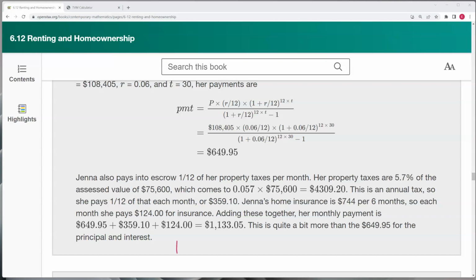So the total that Jenna is going to pay to the mortgage company is going to be $1,133.31 using the correct numbers. 31 cents, sorry. Because again, this should have been $450.